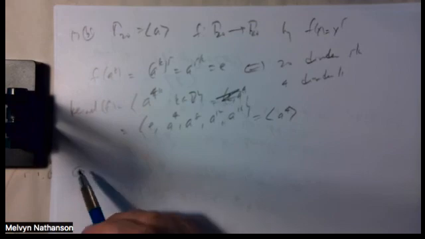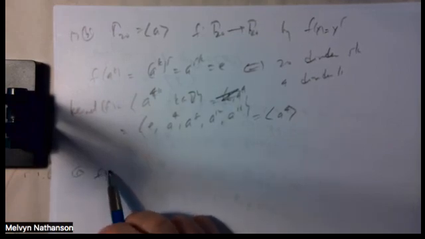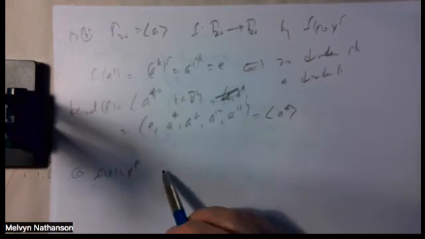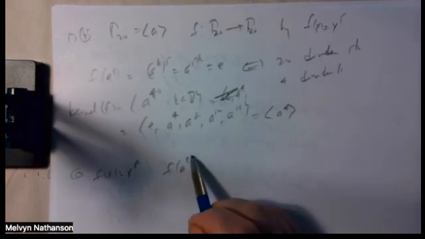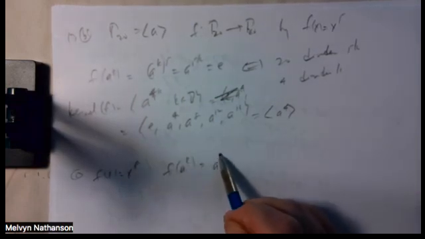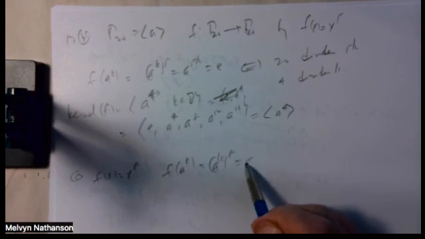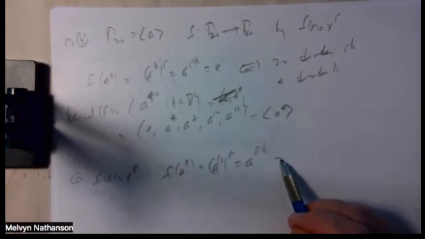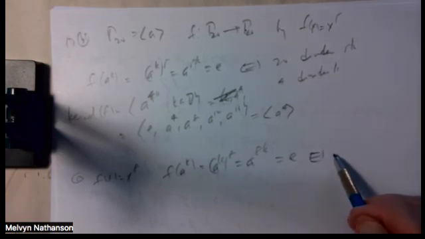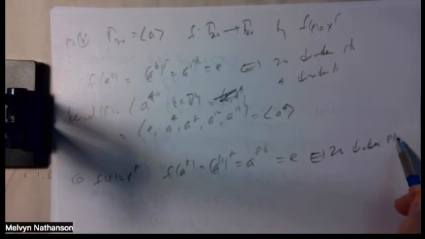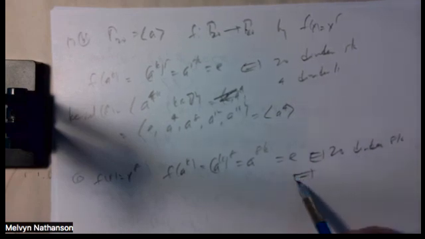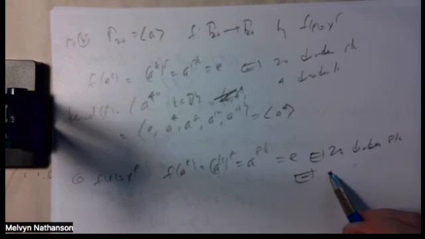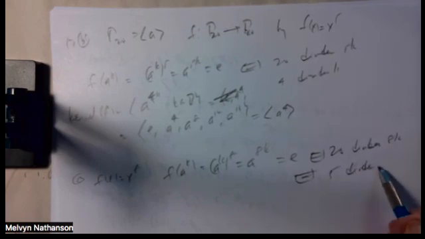In part C, we have f of x equals x to the 8th. So f of a to the k is a to the k to the 8th, or a to the 8k. And that's equal to the identity if and only if 20 divides 8k, which is the same, if I divide by 4, as 5 divides 2k.